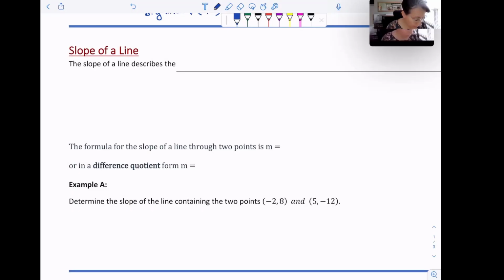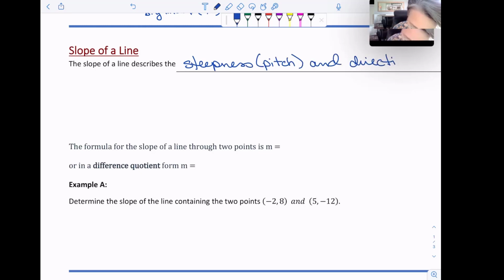The slope of the line describes the steepness or pitch and the direction. If you recall from previous algebra courses, we always read graphs left to right. If the line is increasing or going up, that means our slope is positive, greater than 0.